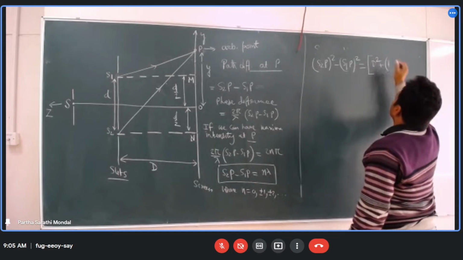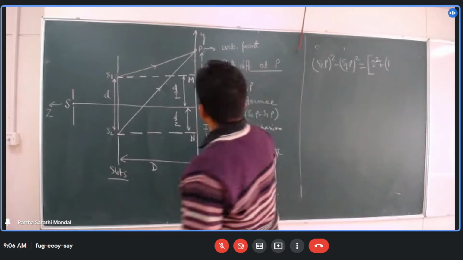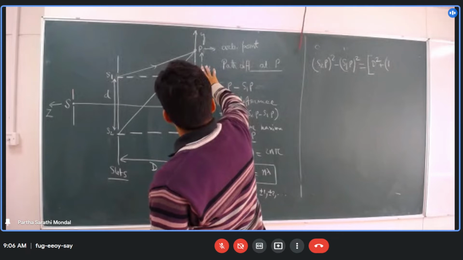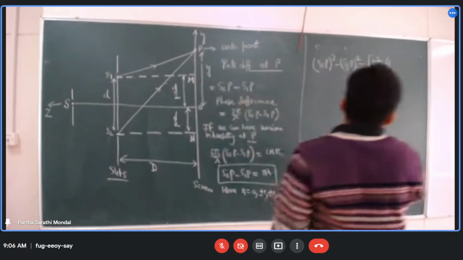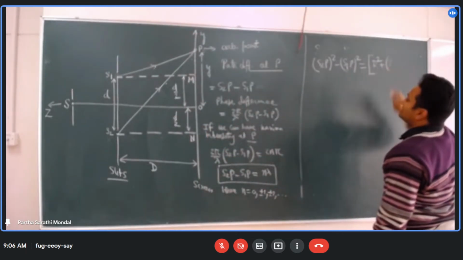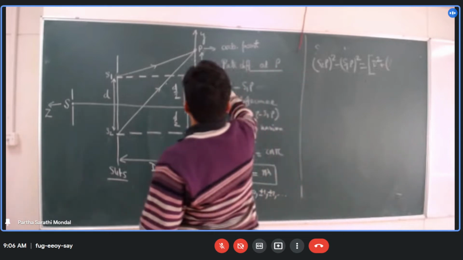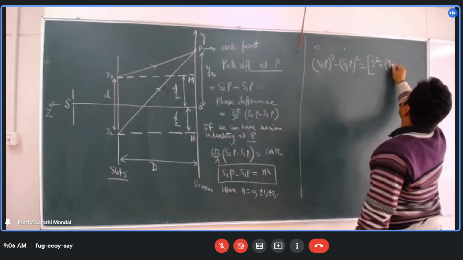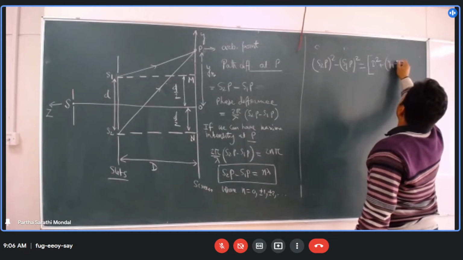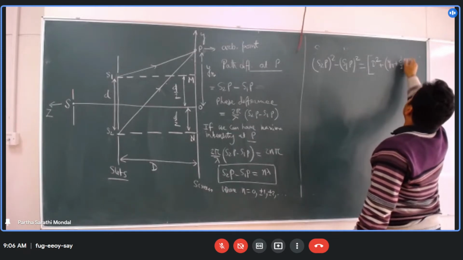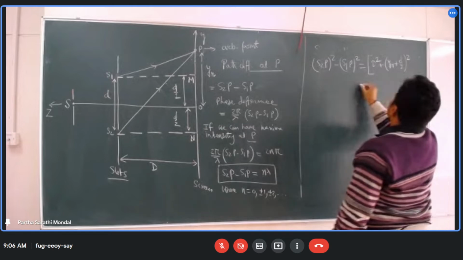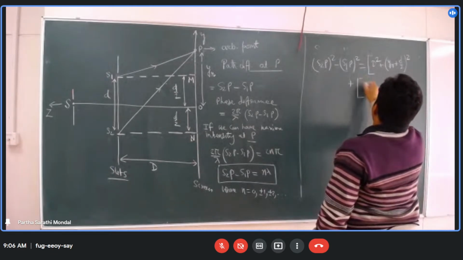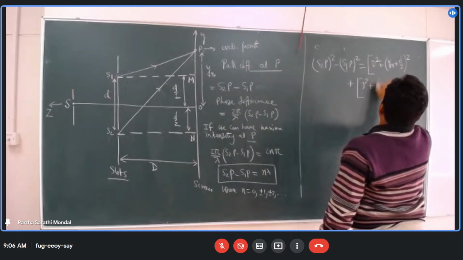plus, how much is this? So this is y and this is d by 2. So if I say it is yn, because we will explain why we are taking yn, (y plus d by 2) whole square plus similarly d square.